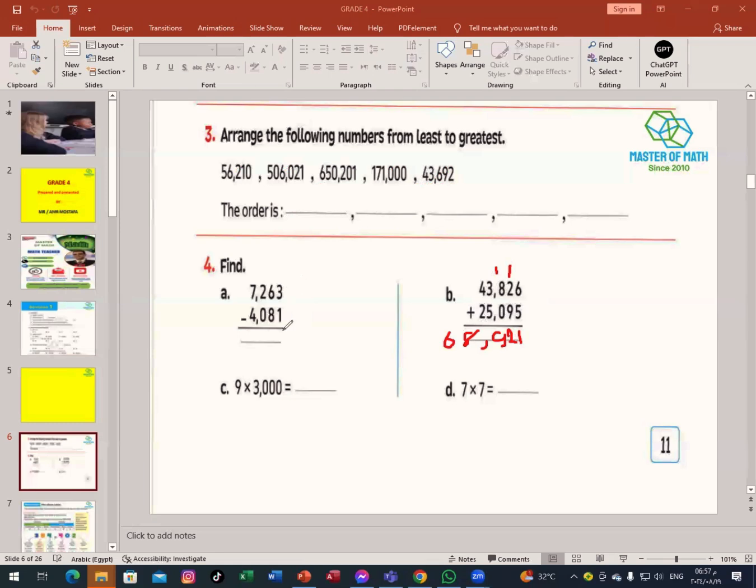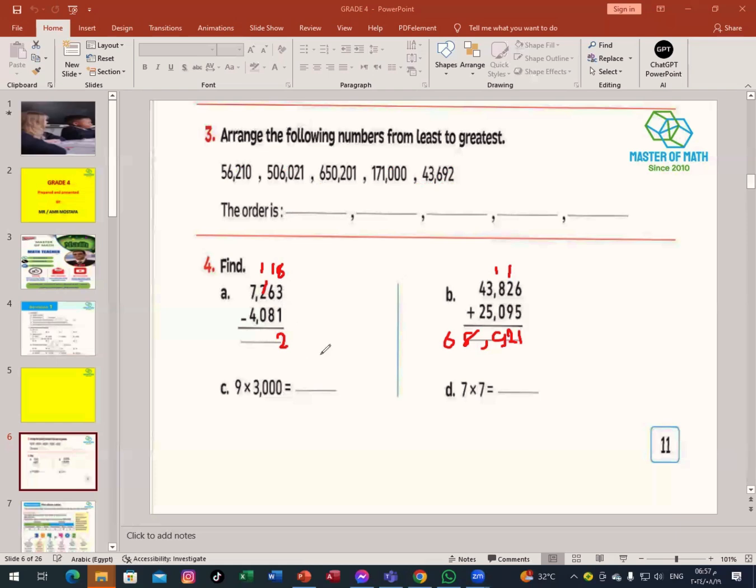Subtracting: 3 minus 1 equals 2. 6 minus 8, it's impossible. So I will take 1 from 2 to become 1, and the one which I take, I put beside 6 to become 16. 16 minus 8, I will count from 8 to 16.